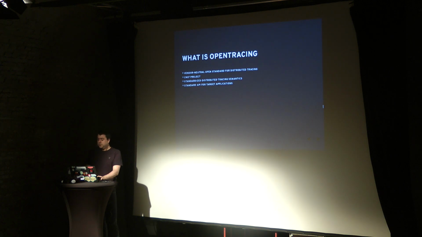It's mainly an API. There are also some framework integrations, but that's the main purpose. So it's not mandating anything on the back end. It's mainly for your application, for your code as a business application, so that you know how to collect data.